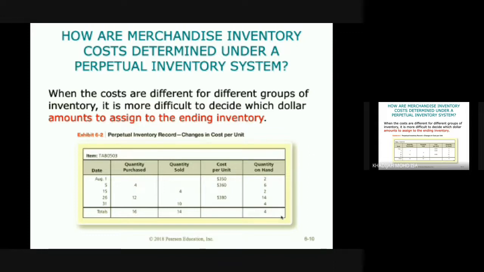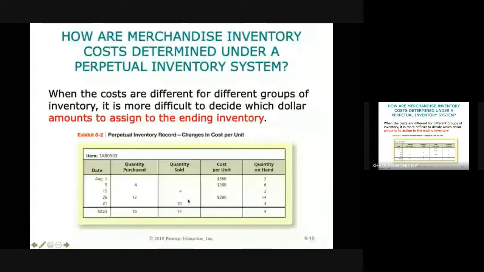Similarly, if you say that you sold 14 units, you sold 4 units and 10 units, what is the cost? Do you want to take the 350 or the 360 or the 380 you bought? So the 10 units that you sell and the 4 units here, which value do you have to use?